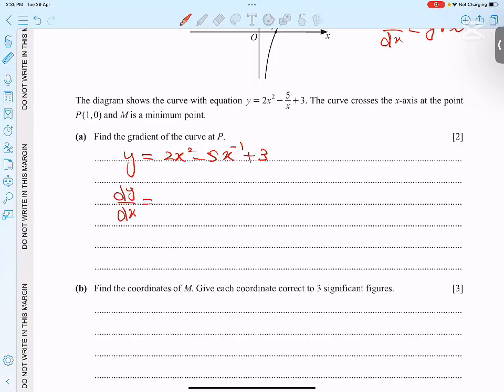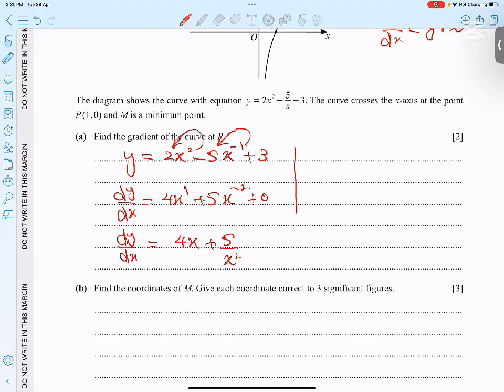What is differentiation? This 2 comes down and multiplies, power 1 less. This power comes down, and this positive 5 with power 1 less. And 3 becomes 0 because it is a constant. Now before I plug in the numbers, I will rearrange them and bring this power 2 down.